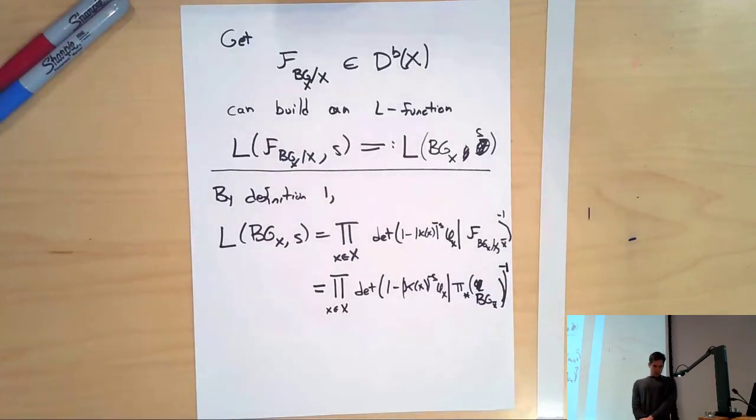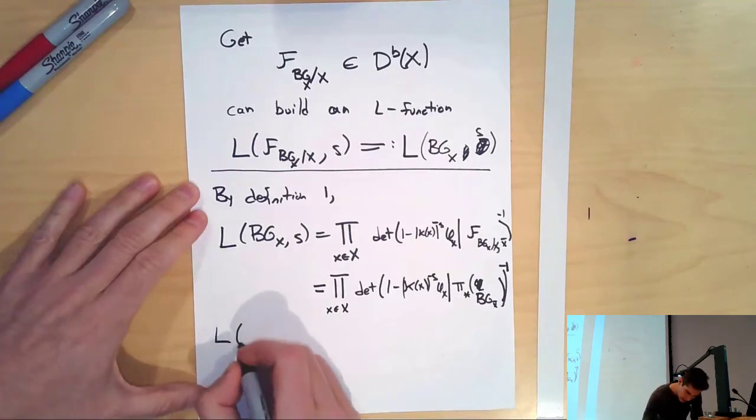And now, this was something that appeared in the previous lecture, at least in the special case where s is equal to 0. So let's put in s equals 0.